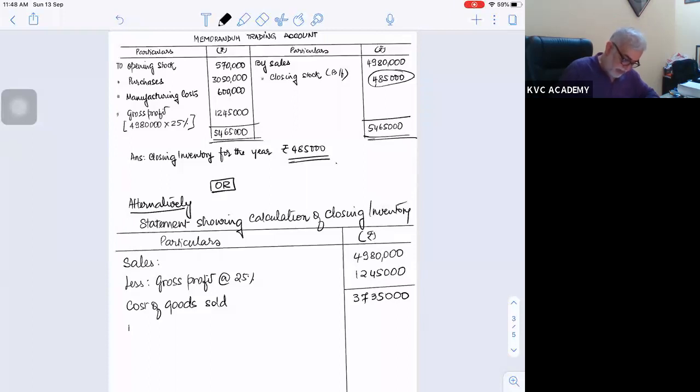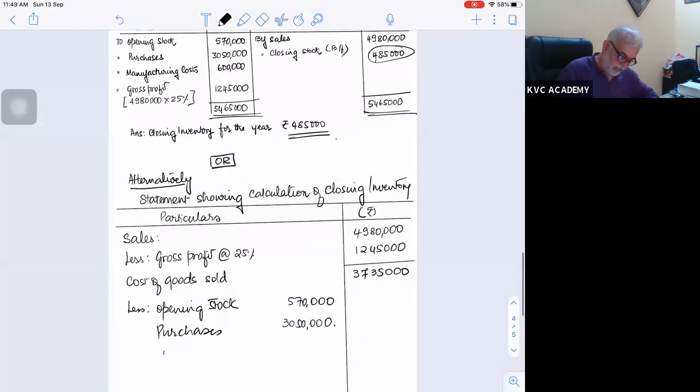From this you take away opening stock and purchases. Opening stock is 5 lakh 70, purchases is 30 lakh 50,000, and also the manufacturing costs.